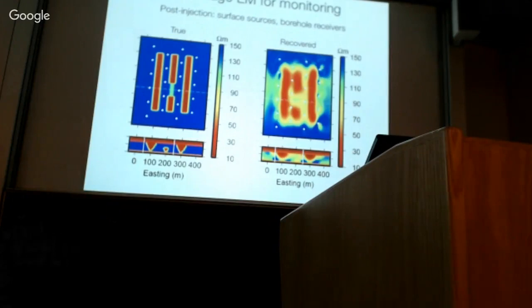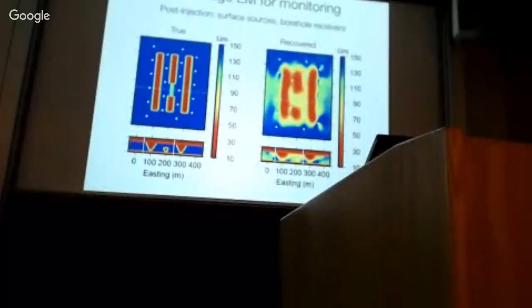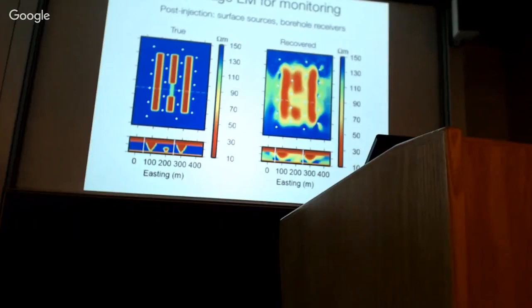From the company perspective, what they're interested in is, okay, where is the steam? Basically, where has it gone? And is there any chance that you could find where things have been restricted? And so this is work done with 2 surface transmitters and borehole receivers of just the electric field in these observation wells. And the inversion results get something like this.